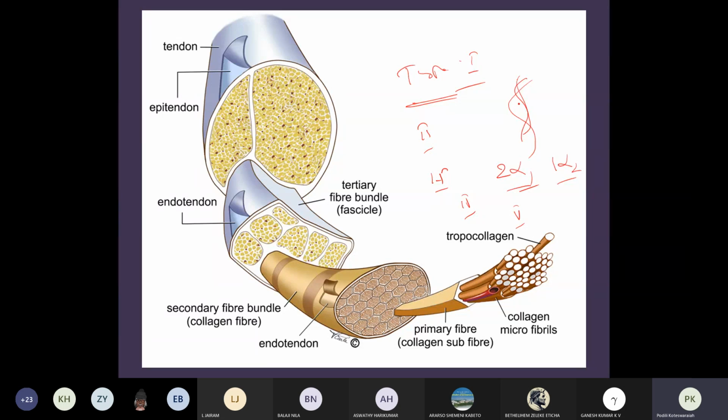As I already said, each polypeptide chain has roughly 1,000 amino acid residues, with many glycine-X-Y repeats, and every third amino acid residue is glycine, which gives less steric clash such that the 3 polypeptide chains coil tightly. So this is about the structure of the collagen.